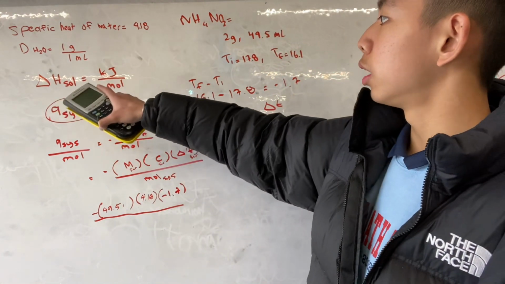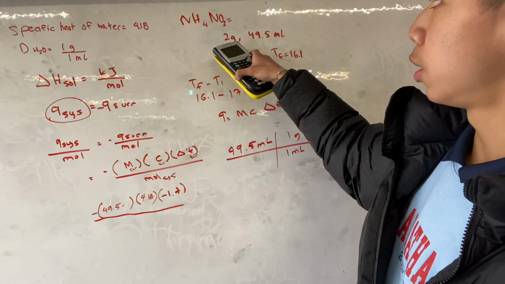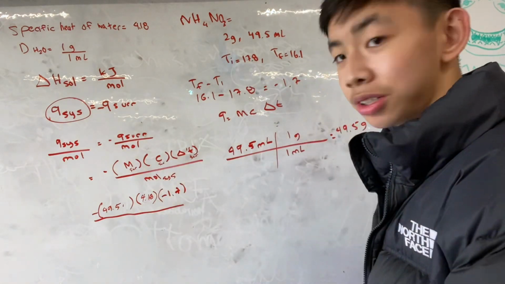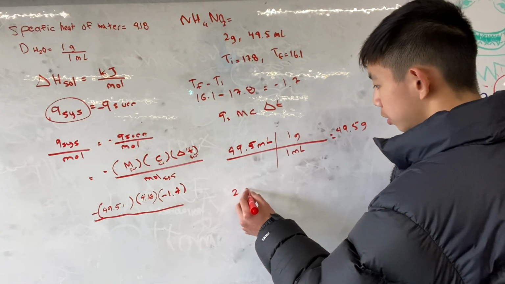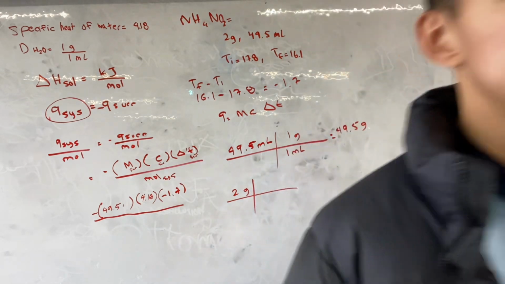How else are you gonna find the moles of the system? Because I had 2 grams of NH4NO3. So I just need to find the grams to moles for that. Let's do that right now. So it's gonna be 2 grams. I need to find the molar mass.